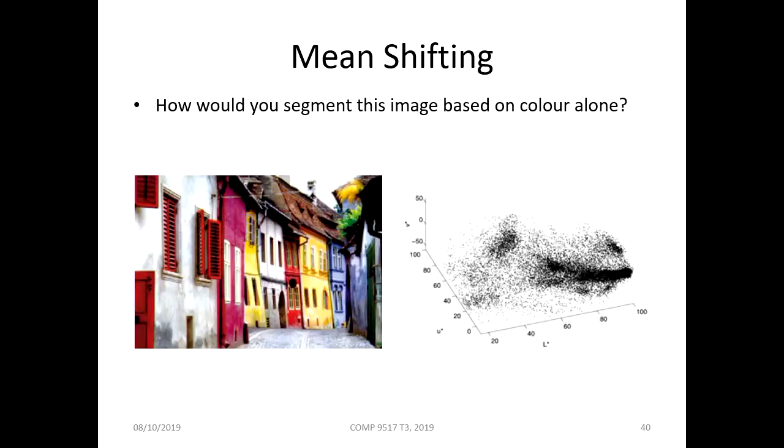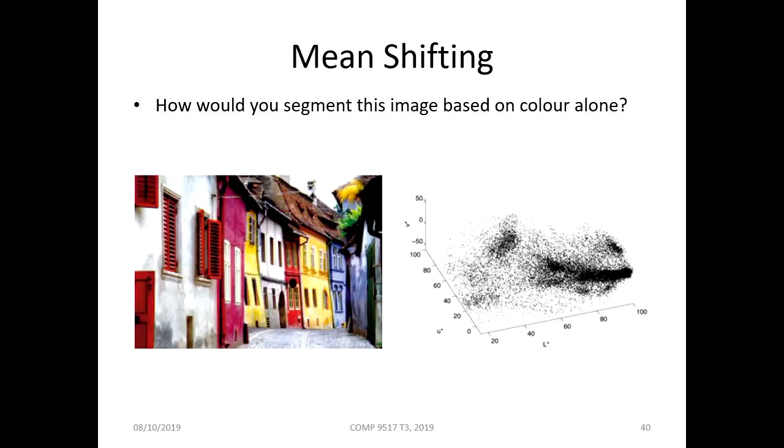So here's an example where you could apply the same idea as what I explained before. Look at the histogram of an image. Now this is a color image, of course, so you have to think a little bit more about this.